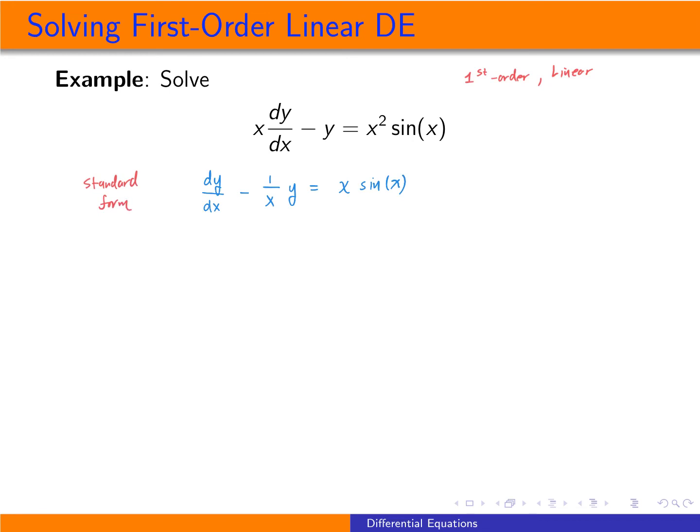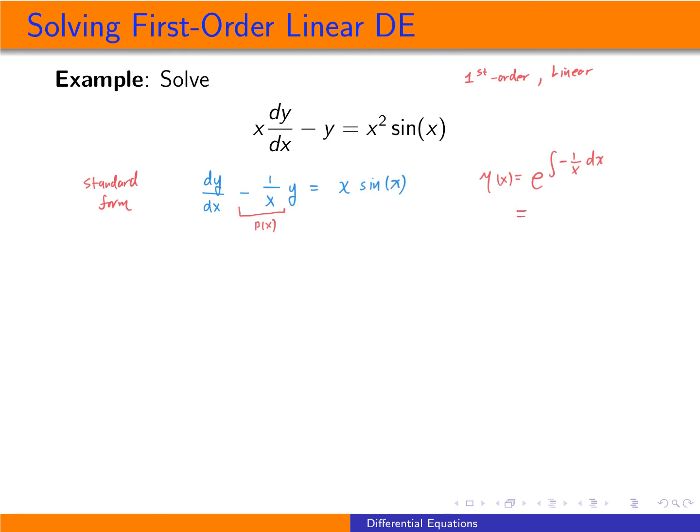And recall, the coefficient of y in this standard form is what we use to form our integration factor. So our integration factor is going to be e to the integral of minus 1 over x. And this minus 1 over x, or what we referred to as p of x previously, must incorporate any negative signs as well.